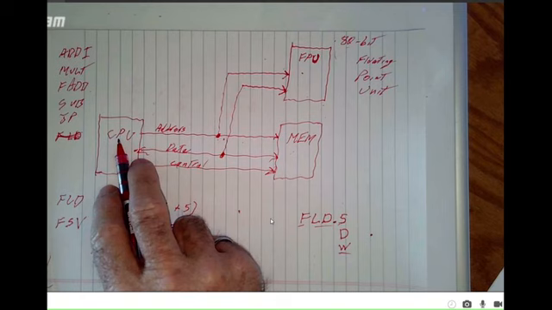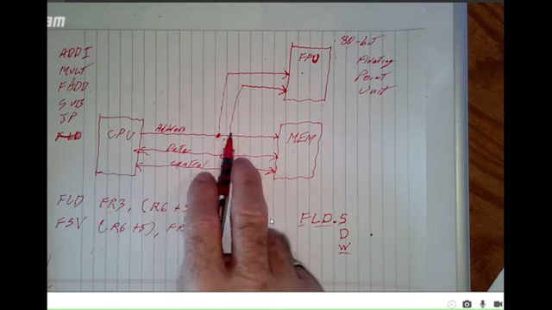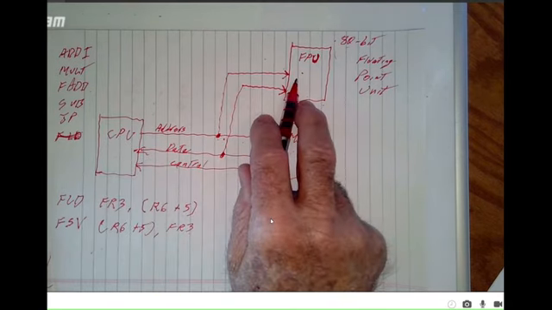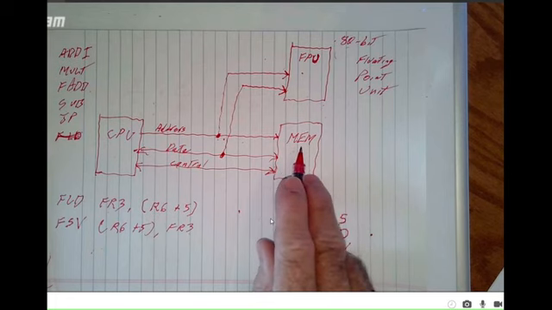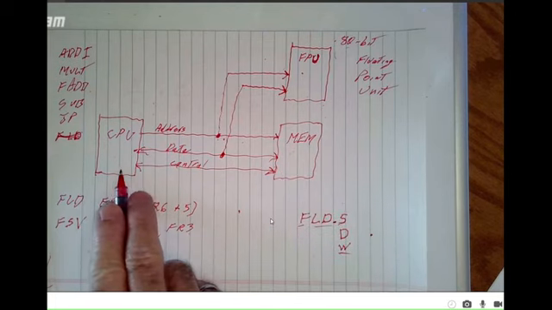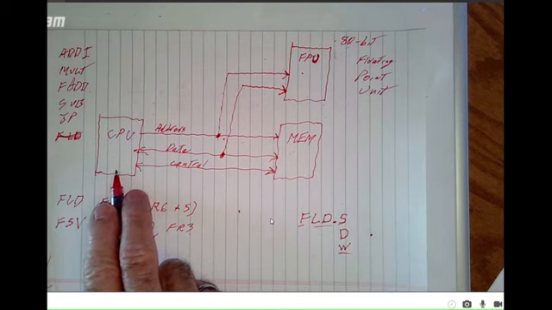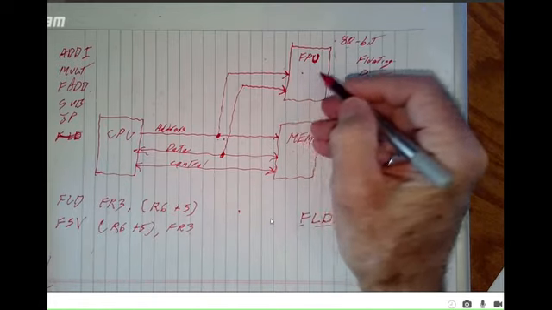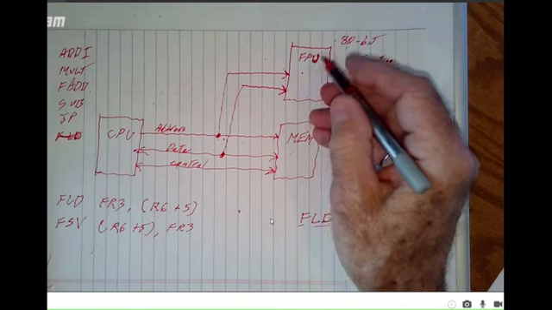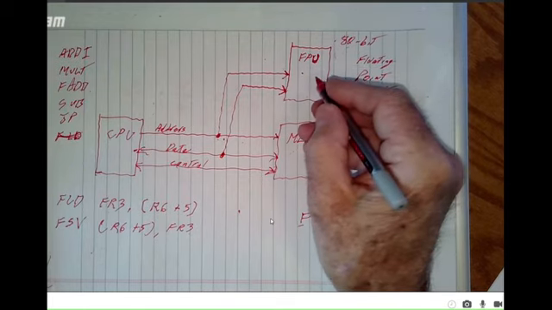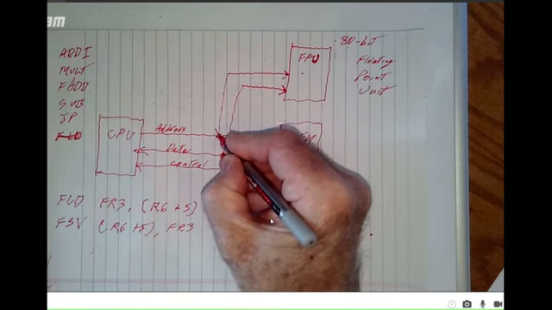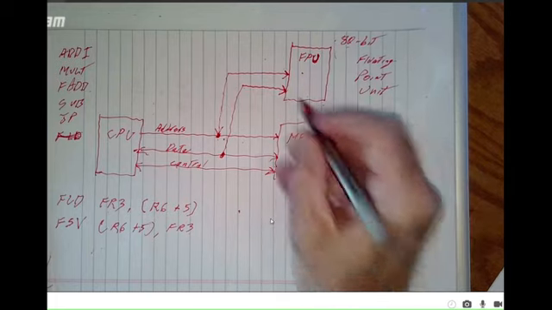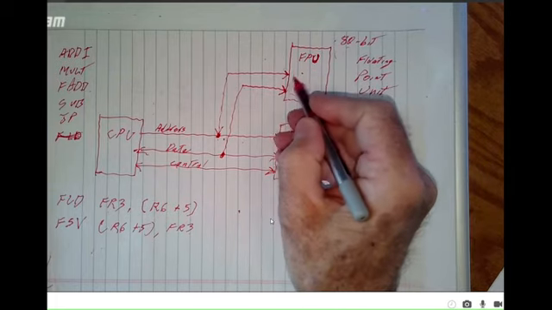So the CPU calculated the address, put it out on the address bus. The floating point unit copied it. Memory was not told to respond. And so it basically just went up here. So now the floating point unit takes what's in register 3. The floating point unit can drive the address bus using its address register.